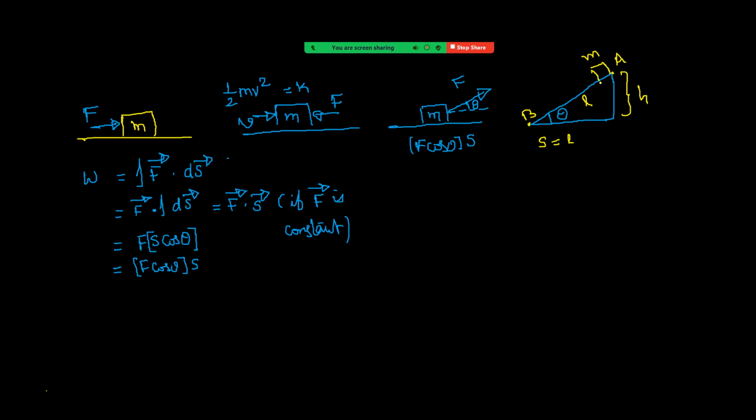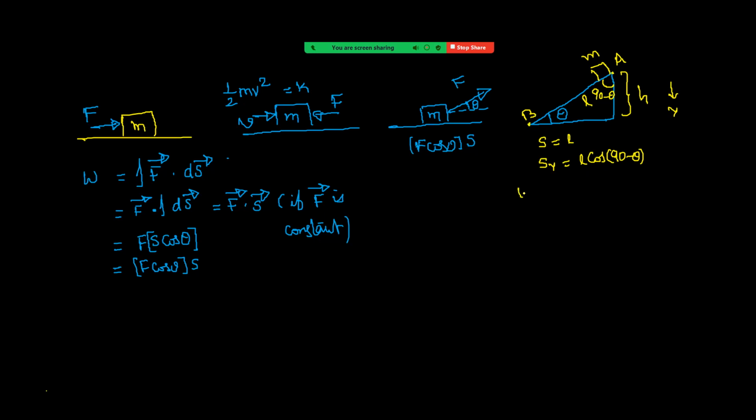This angle is theta, and this angle is 90 minus theta. Let us take vertical down as y-axis. Then displacement component along y-axis is L cos(90 minus theta).